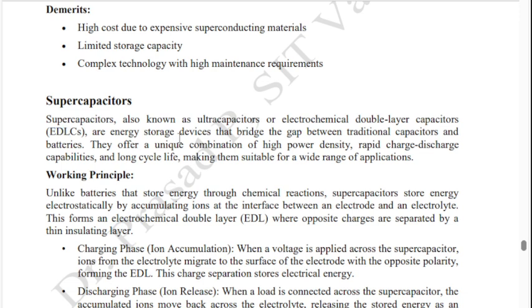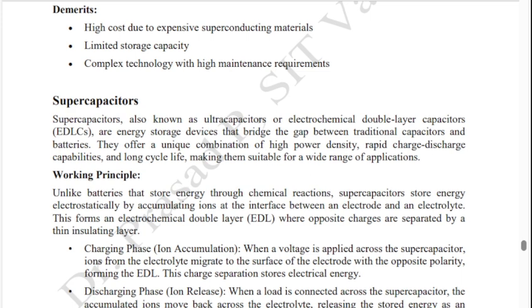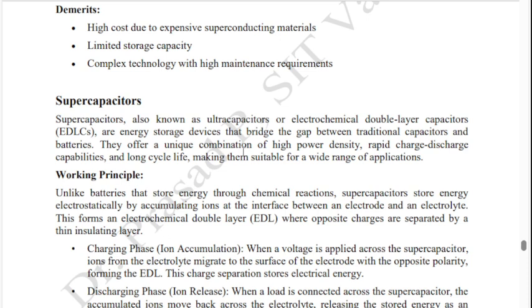Okay, they are the energy storage devices which bridge the gap between the traditional capacitor and batteries. Which one? Supercapacitors, not the ordinary capacitor. They offer a unique combination of high power density, rapid charge-discharge capacity, and long life cycle.